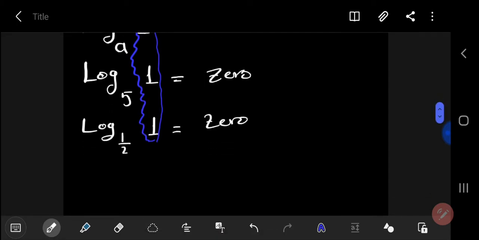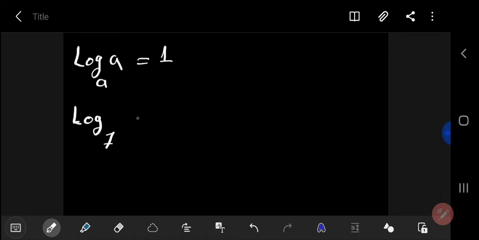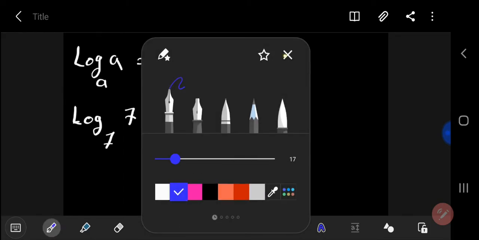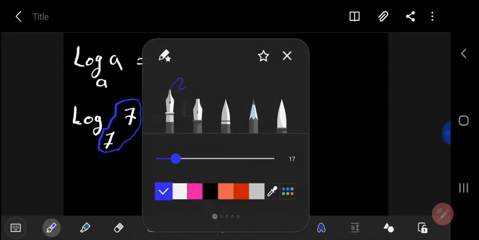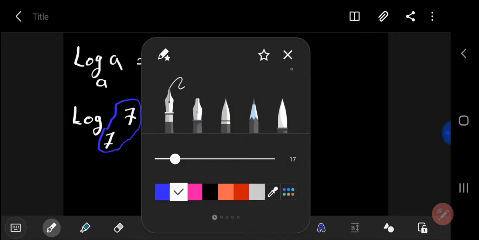Another example about the property log base a of a equal to 1. Log base 7 of 7 equal to 1. So here I have the base and the number equal, so the result will always be 1.